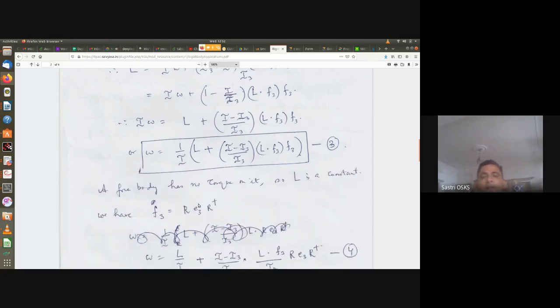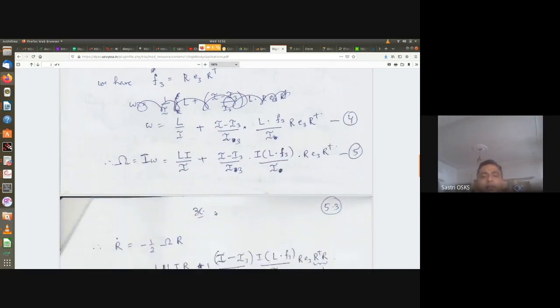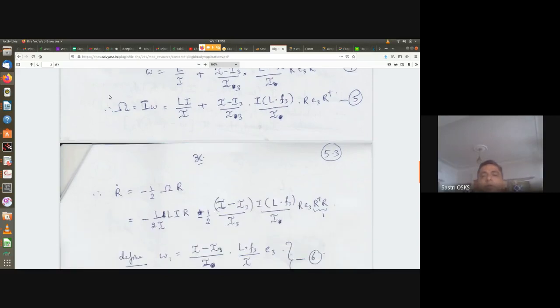We got omega in terms of this F3, then we calculated capital omega from it and substituted into the rotor equation. The equations of motion there are actually the Euler equations of motion. With Euler angles, there are three equations that you have to solve.